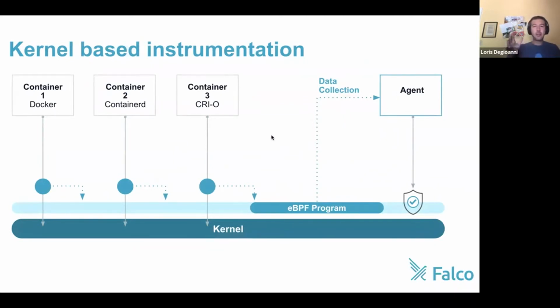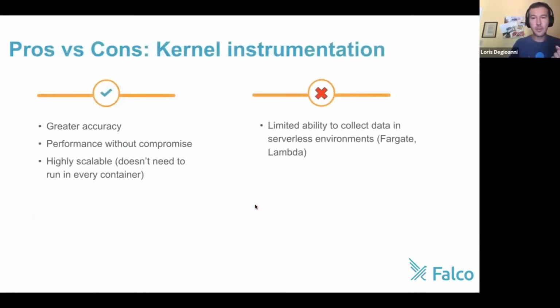So imagine having, I don't know, 100 containers running on a single machine with LD preload and with ptrace. You will need to instrument 100 different things. With kernel level instrumentation, you will only need to do the instrumentation once.